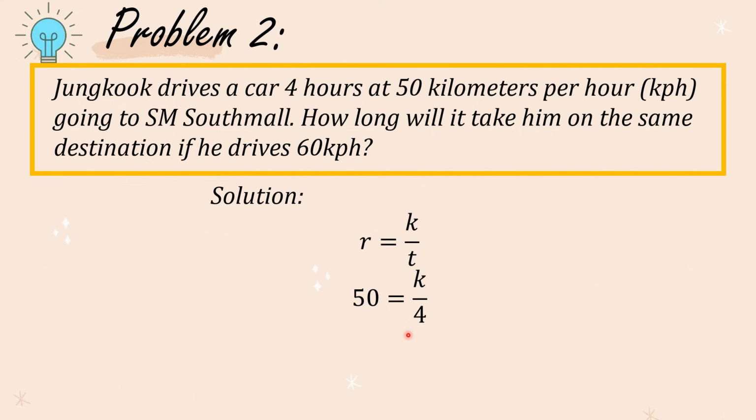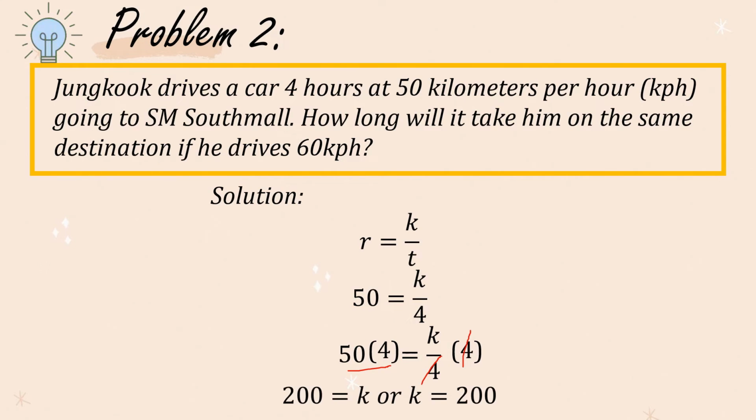Para magawa natin yon, we have to multiply both sides by what number? Very good. Number 4. So since we are going to multiply both sides by number 4, pwede na natin i-cancel ngayon si 4 para wala na tayong denominator. So i-multiply lang natin 50 times 4. The answer will be K equals 200.